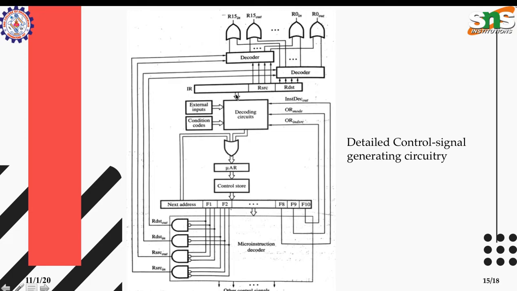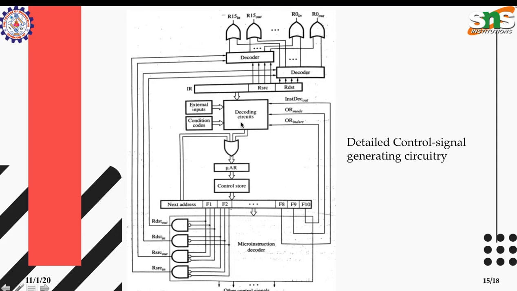Here the instruction register has the instruction, and it specifies the source register and the destination register. As I told you, each register is identified by a 4-bit combination, so totally 16 registers are there. Using this decoder circuit, we could enable one of these 16 combinations, so the 16 registers will be identified.